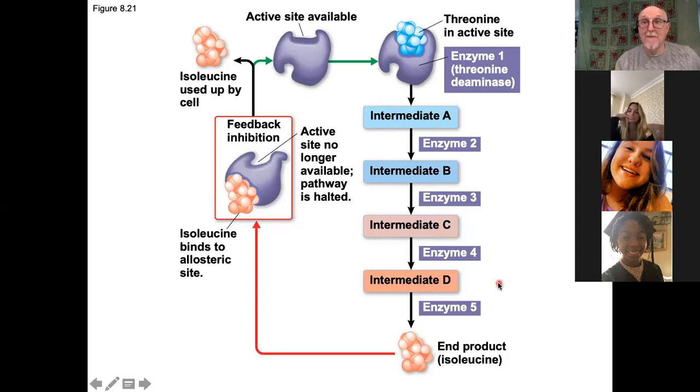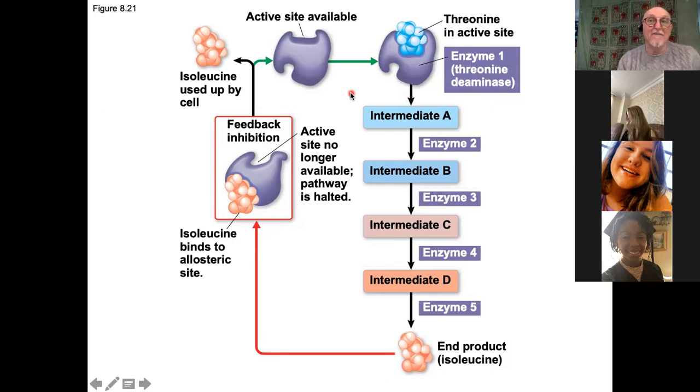And the last thing I'll say about allosterism is that there are systems also where the enzyme can be turned on. This is a system called feedback inhibition because the product is feeding back to the enzyme, to the first enzyme, to stop it working.